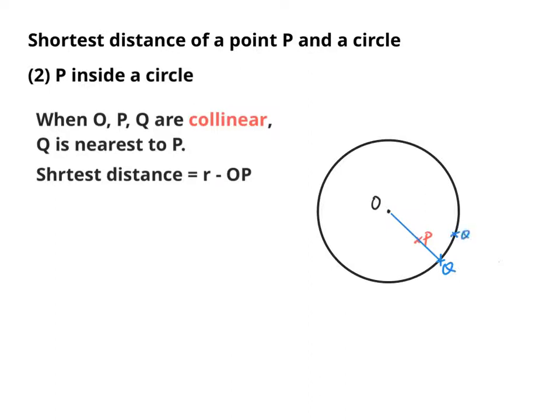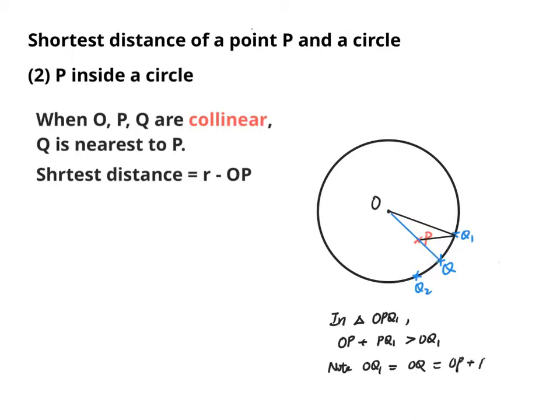We can also use the triangle inequality to prove that if the 3 points are not collinear, say the points Q1, P, and O, PQ1 will not be the shortest distance. Look at the triangle OPQ1. We have OP plus PQ1 greater than OQ1. Also note that OQ and OQ1 are radii, so OQ1 is equal to OP plus PQ.